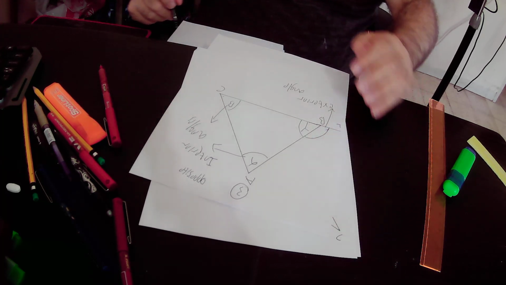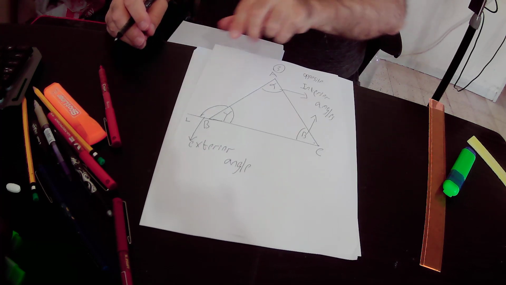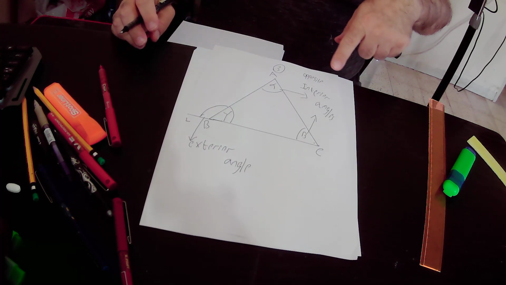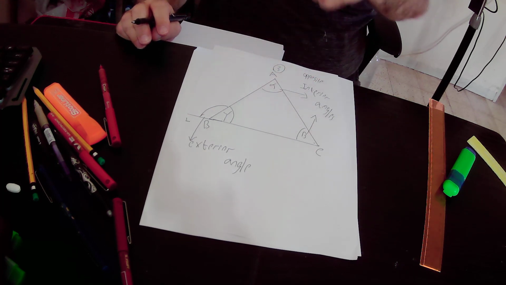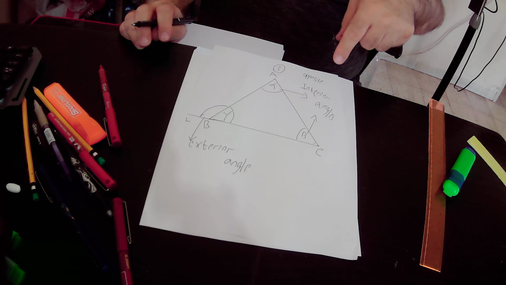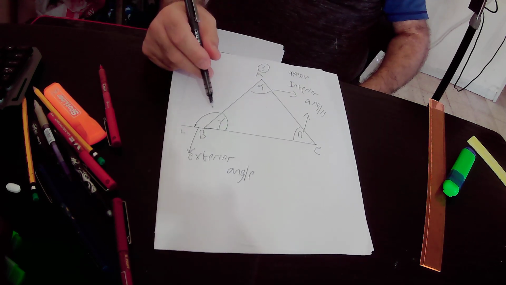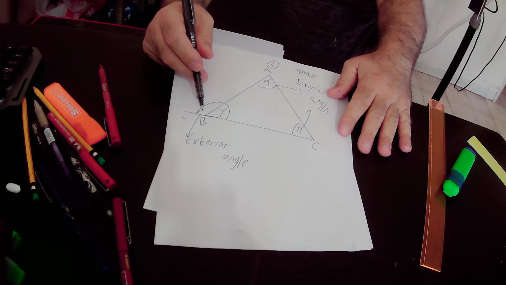Those two angles alpha and beta are opposite interior angles in relation to angle gamma. And angle ABL is defined as an exterior angle.